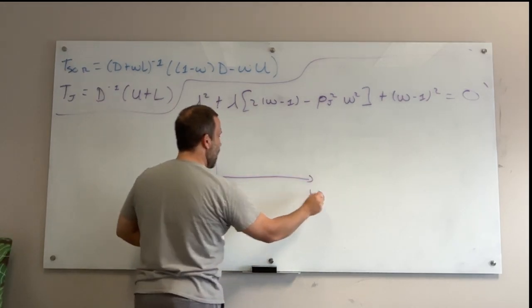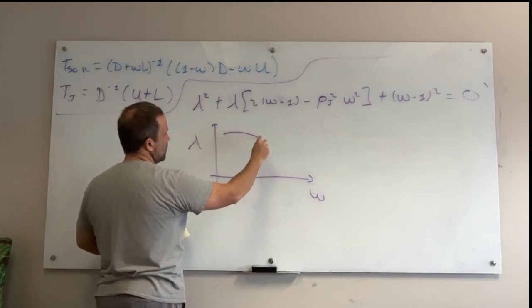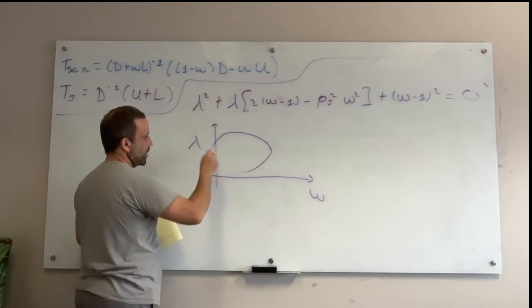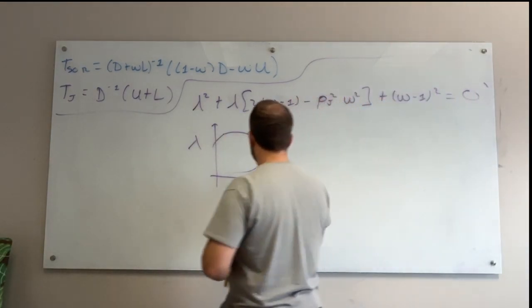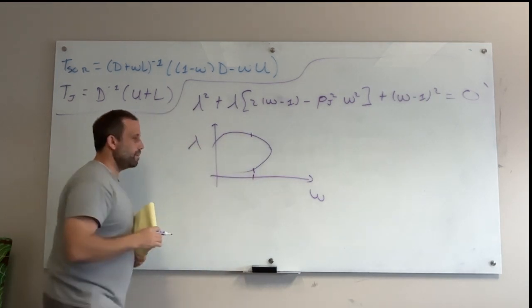Okay, and if you plot this, what you're going to see is something that looks roughly like this. But the point is, for every omega, we're going to get two different lambdas, a smaller lambda and a bigger lambda.